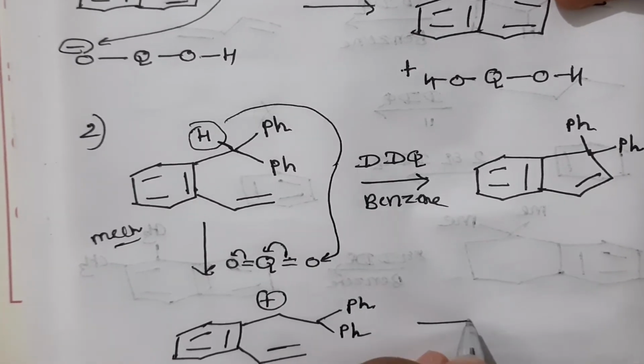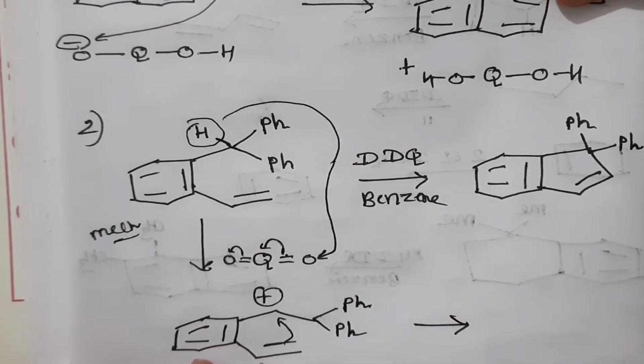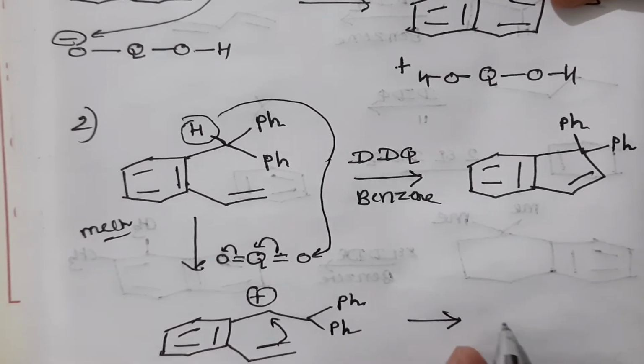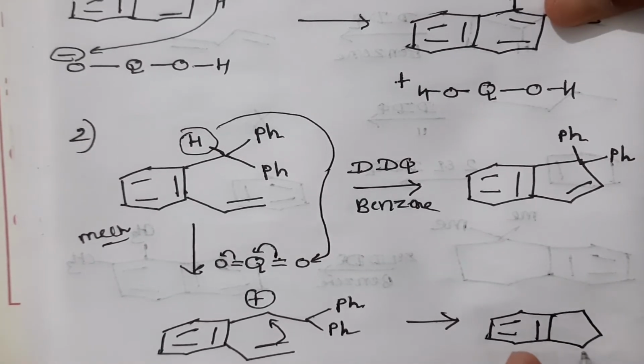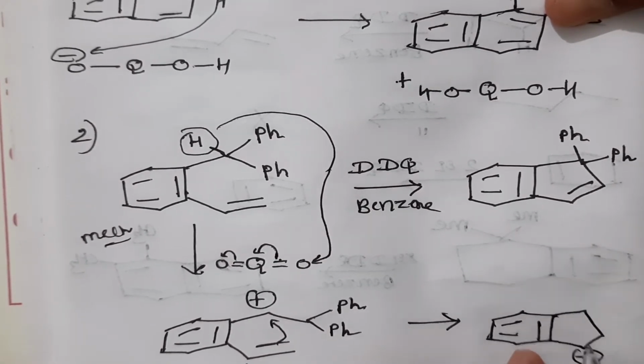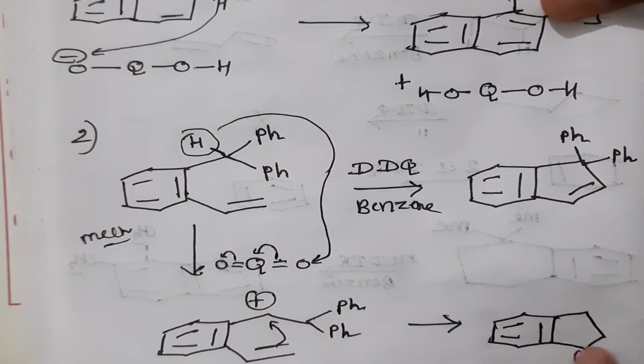Now in the second step, what happens? This bond is attacked here, and there is a formation of positive charge here. Positive charge is generated here, and this is also a stable carbocation.